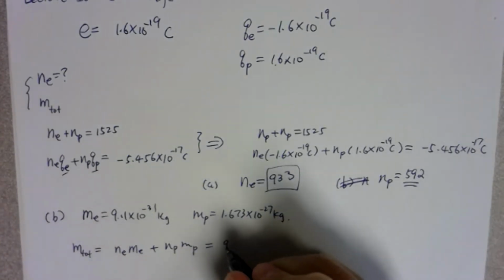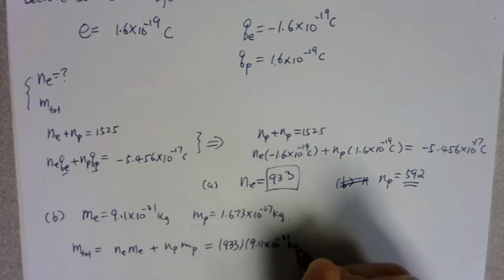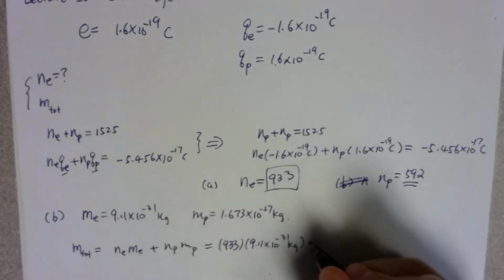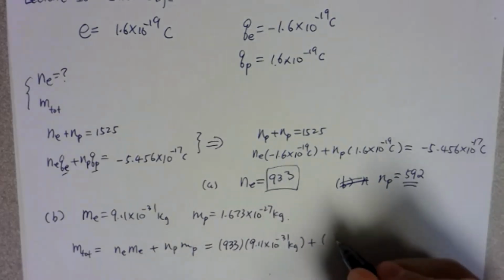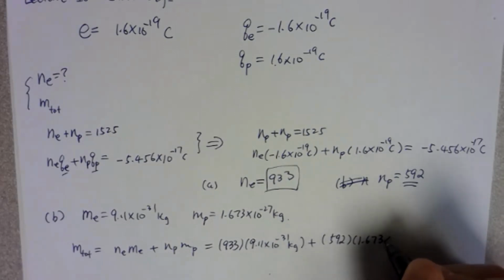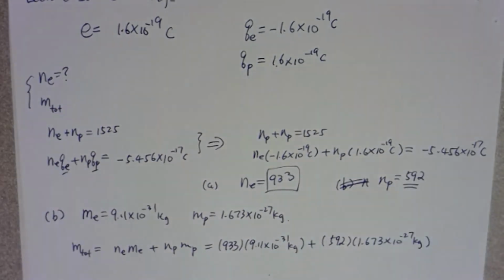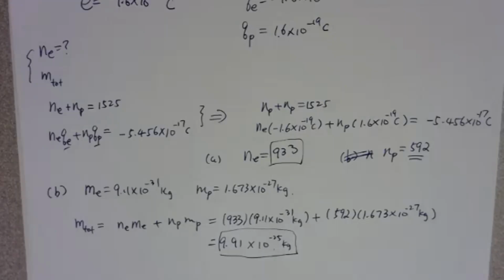So 933 times 9.11 times 10 to the minus 31 kilograms, plus the number of protons, 592, times 1.673 times 10 to the minus 27 kilograms.